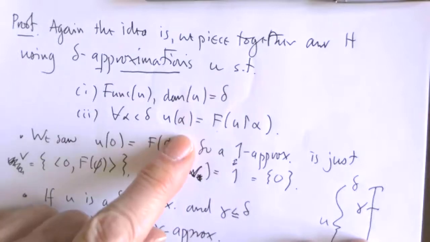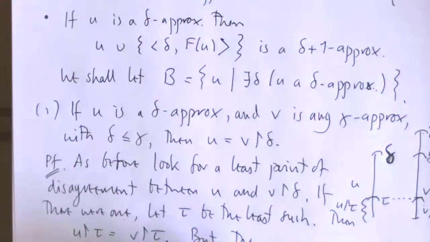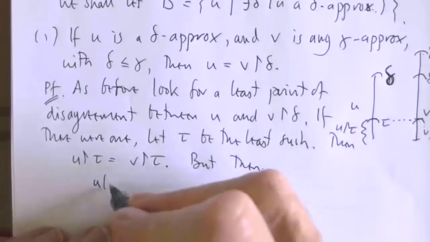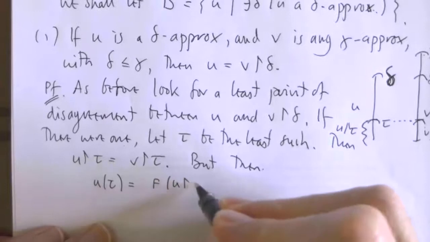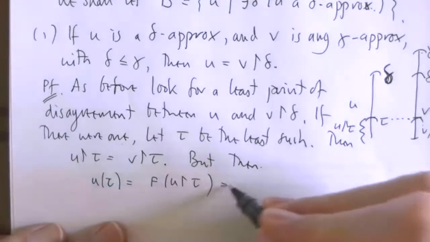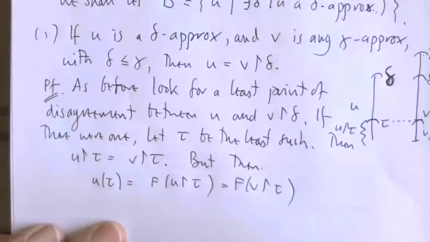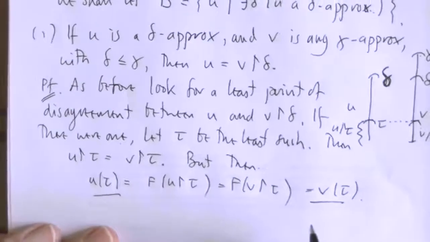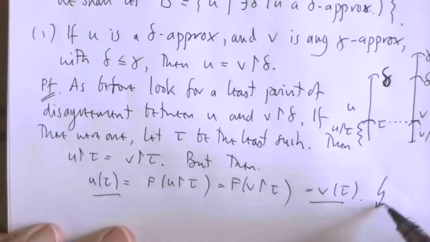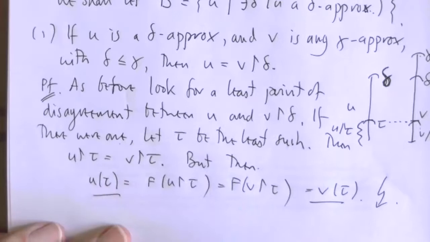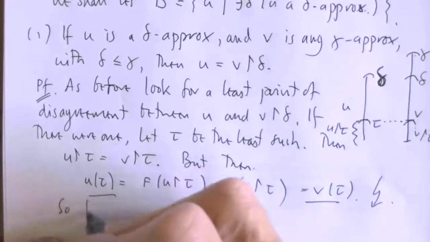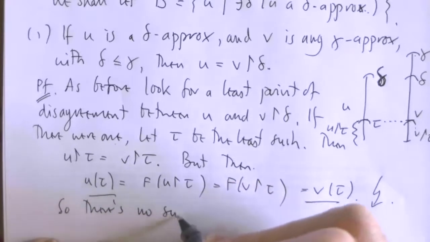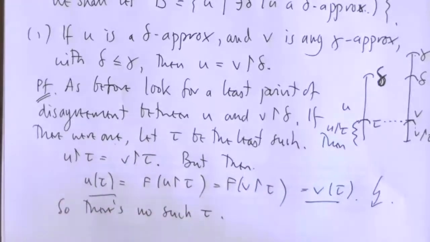U of Tor is going to have to be f of U restricted to Tor, and likewise for V. But this is f of V restricted to Tor, and this by definition of V being an approximation is V of Tor. So they don't differ after all. They're the same thing. Contradiction. So there's no such Tor. And one is proven.